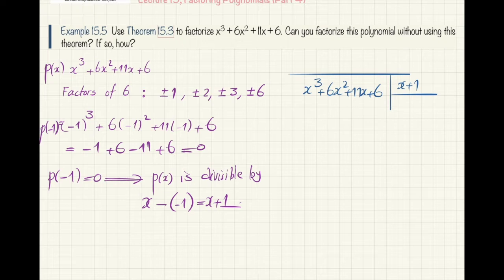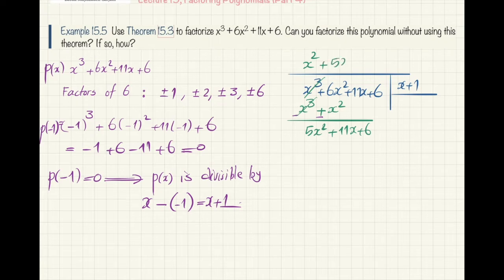Okay, so I divide the first term, it becomes x squared. I multiply, it becomes x to the 3 plus x to the 2, and then I will change the signs, and then I will add them. So these two terms are cancelled, and minus x squared and 6x squared becomes 5x squared, and I will bring down 11x and plus 6, and I continue the process.